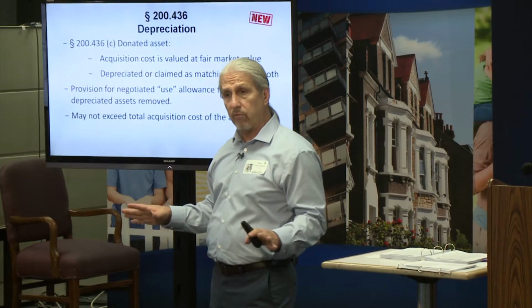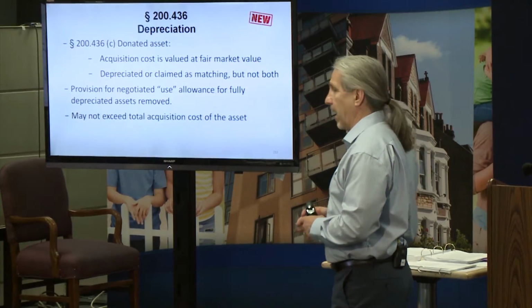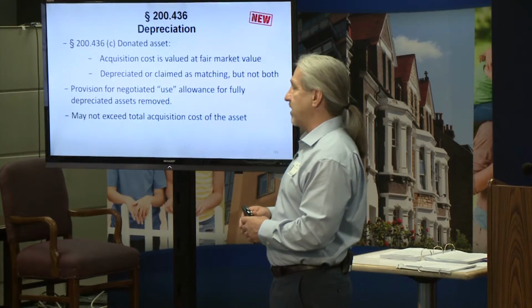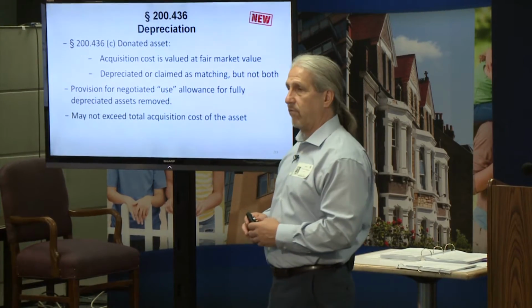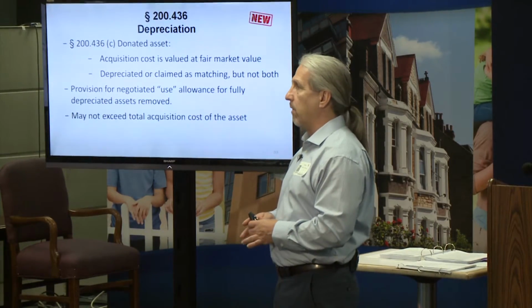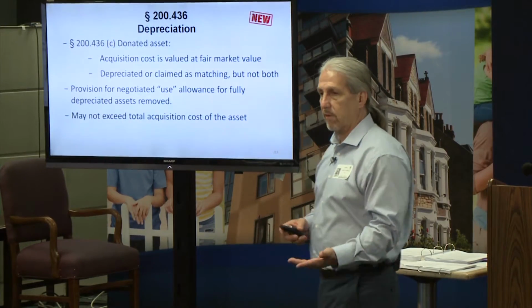That's been removed, and so it's no longer a depreciation method. Bottom line, it may not exceed the total acquisition cost of the asset, and in no case would the depreciation charged off of the grant exceed the cost of the asset.